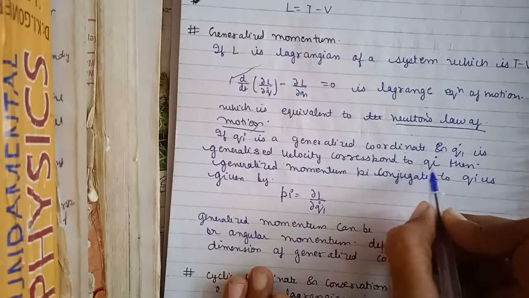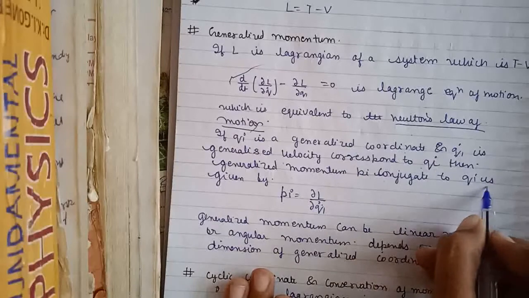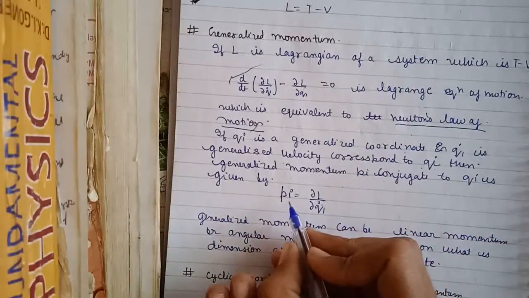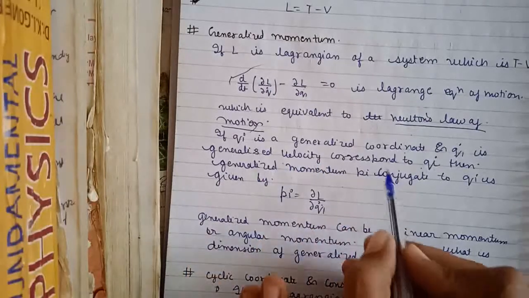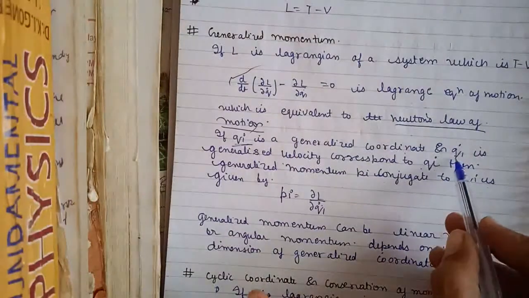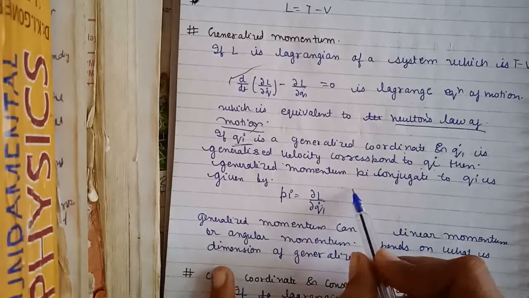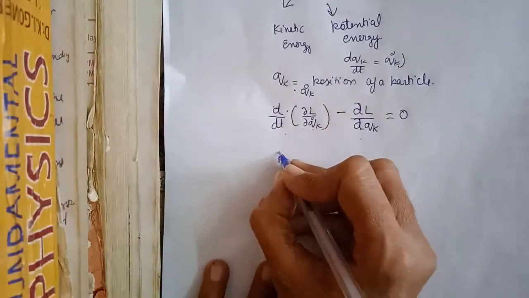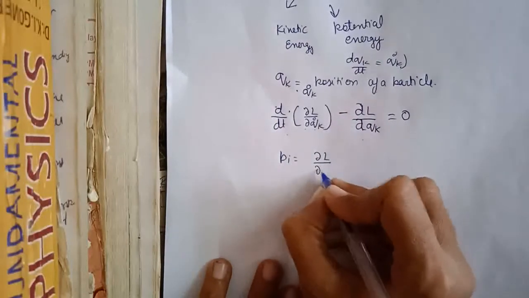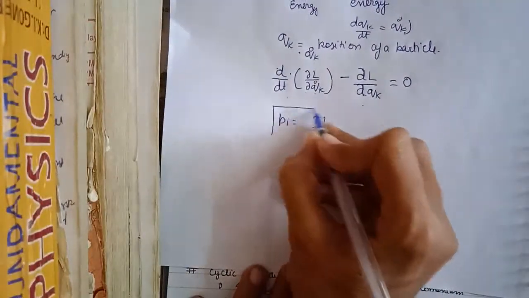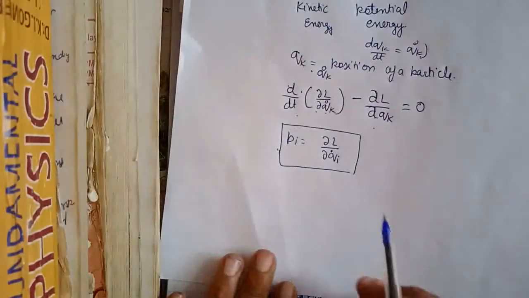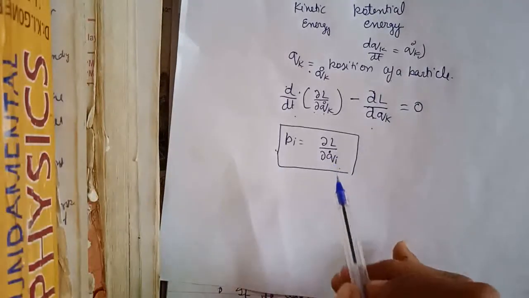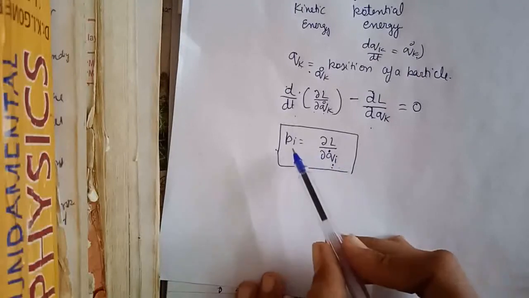If qi is a generalized coordinate and qi dot is the generalized velocity corresponding to qi, then the generalized momentum pi conjugate to qi, given in the form of the Lagrangian, is pi equal to del L by del qi dot.